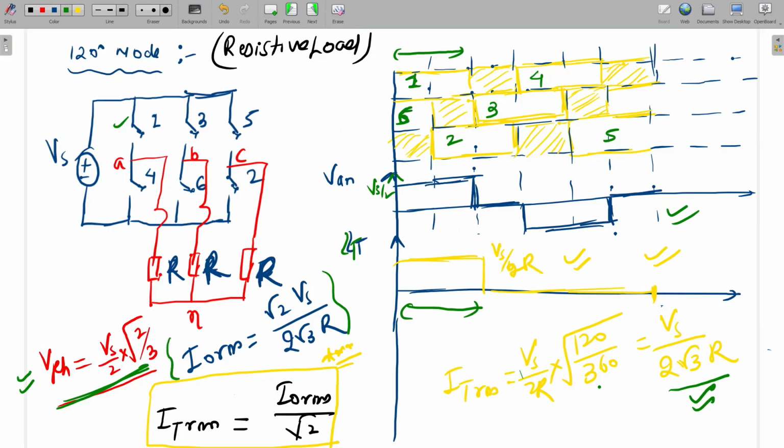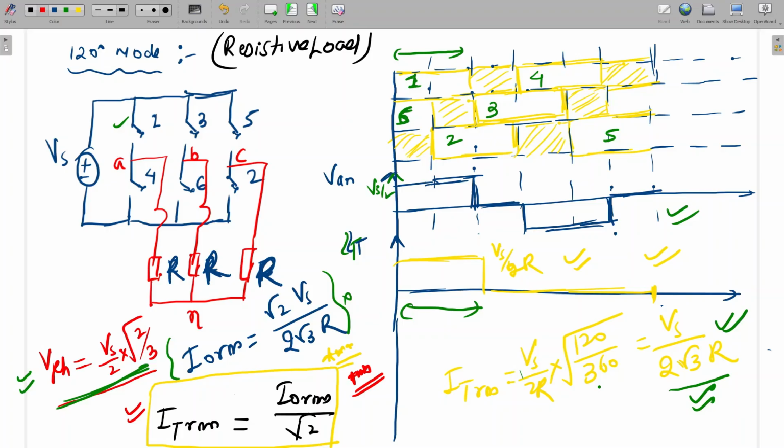Yes, sir. And if I divide this by root 2, can we get this value? Yes, sir. So see here also same relation we are getting. So we can say that in case of resistive load, same relation we are getting. If output current is given, switch RMS current will be output current divided by root 2.